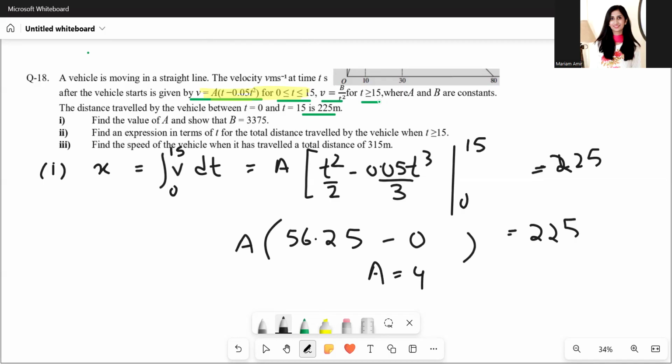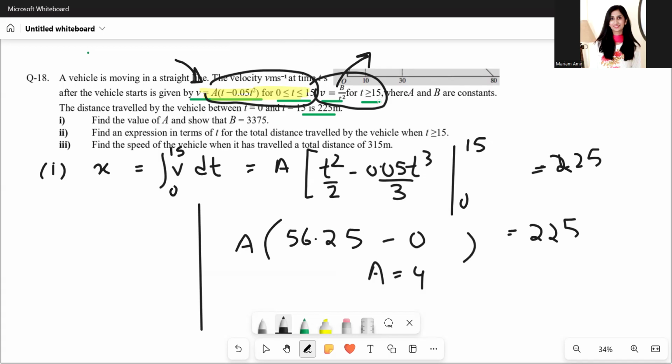Now we need b as well. So this is the equation for b. And notice that time is equal to 15 for both these equations. So what we'll do, we'll find velocity at time equals 15 from here and substitute it here. And we should be able to get the value of b there.